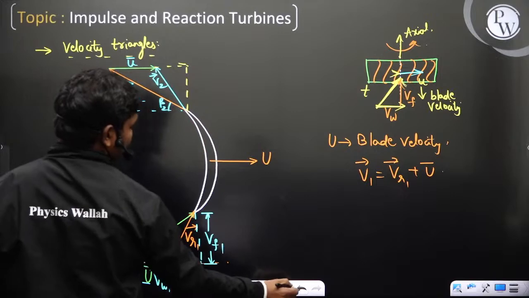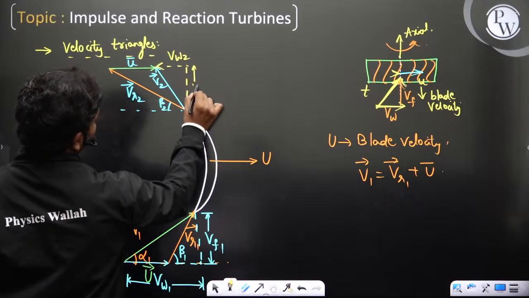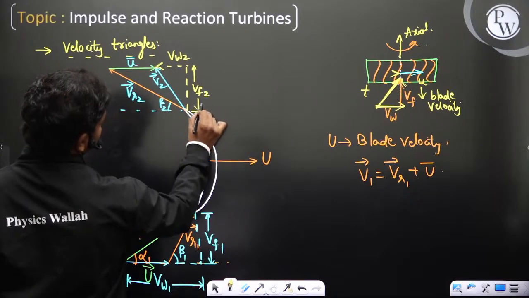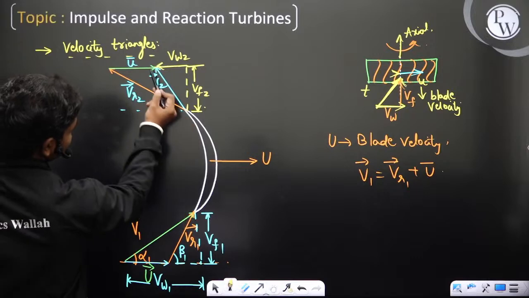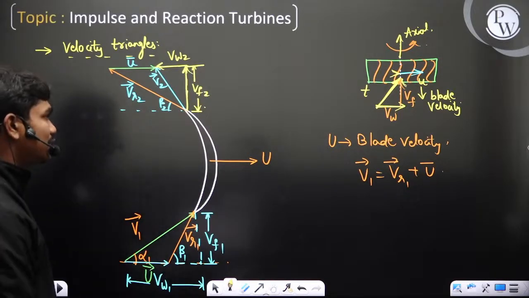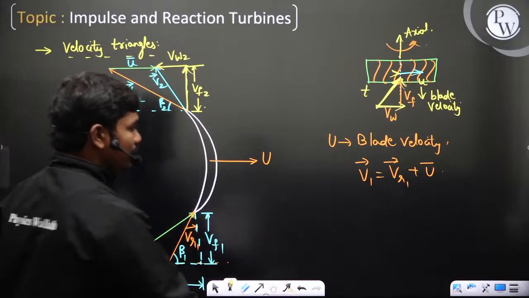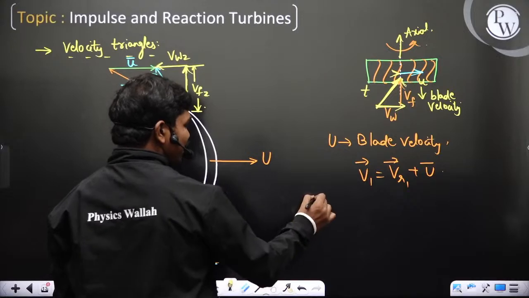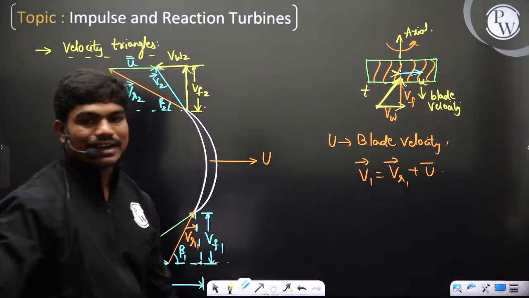So this is your vw2 and this is your vf2 if you resolve into two components. Clear? It's just a vector resolution. If the resultant is in this direction, then these are the components. Nothing very complicated about this.